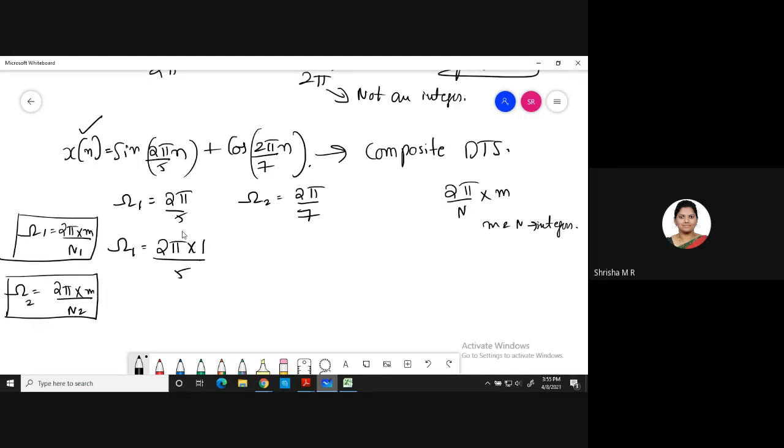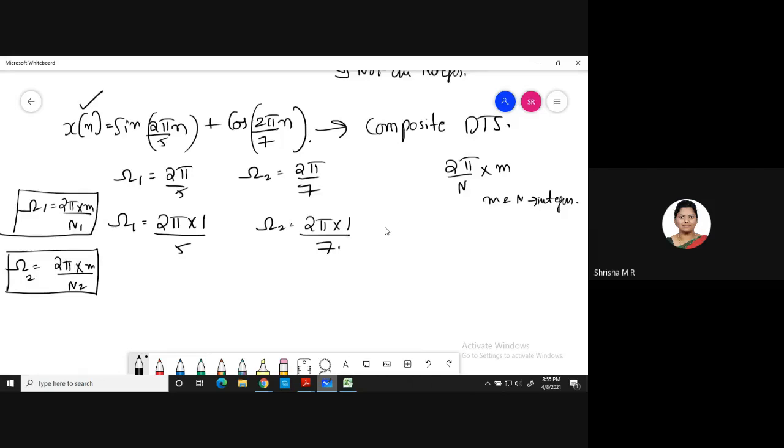So omega 2 will be 2 pi into 1 by 7. As you can see, in both cases m is an integer and n1 and n2 are also integers. From this you can write n1 is equal to 5 samples and n2 is equal to 7 samples. Right? So what is your fundamental period n?